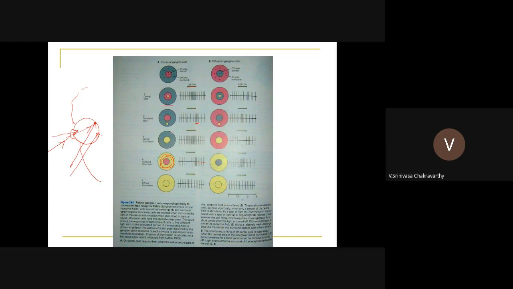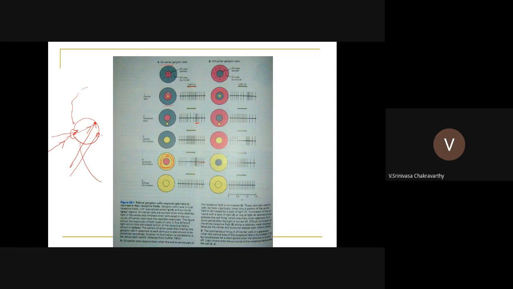From these experiments, you can see that there are regions where, when light is shown, it increases the firing of the ganglion cell. Then there are regions around the same area where, if you shine the light, it decreases the firing of the ganglion cell. This particular kind of ganglion cell is called an on-center ganglion cell.